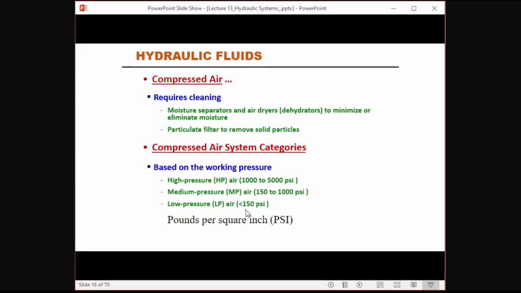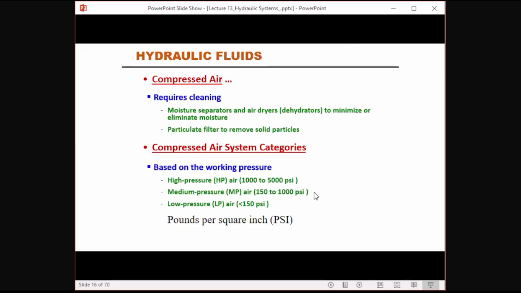Low pressure means 150 and below. Then medium pressure air means between 150 and 1000 psi.